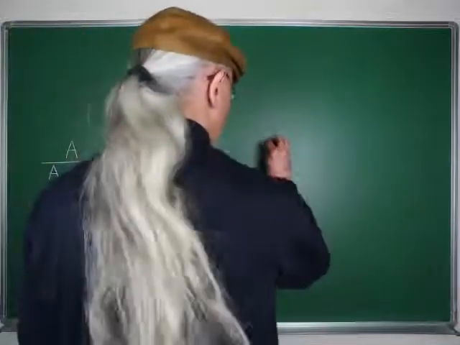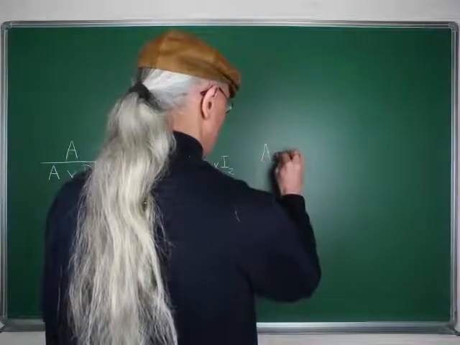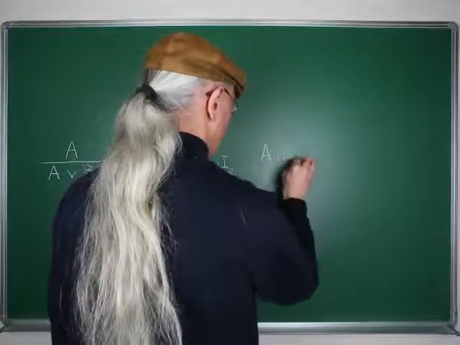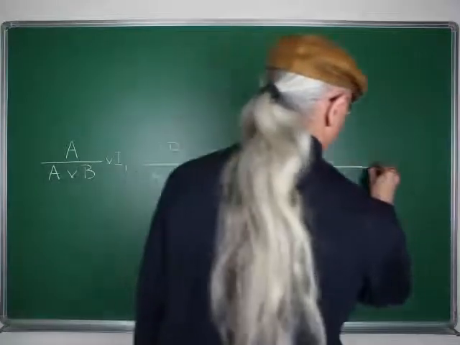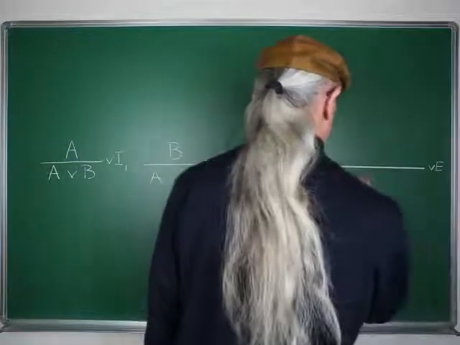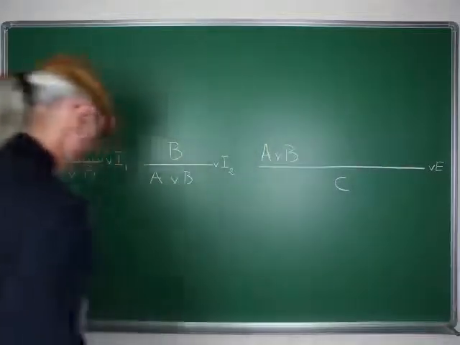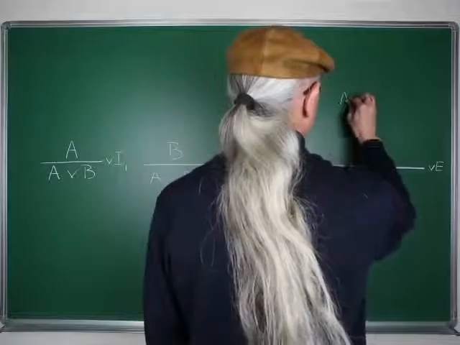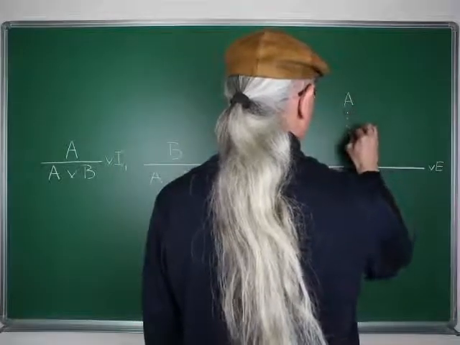We deduce C by an elimination from a proof of A or B and a proof of C from A and a proof of C from B. The rationale is that one in A or B is true, so either the second or the third premise can be used to deduce the truth of C.